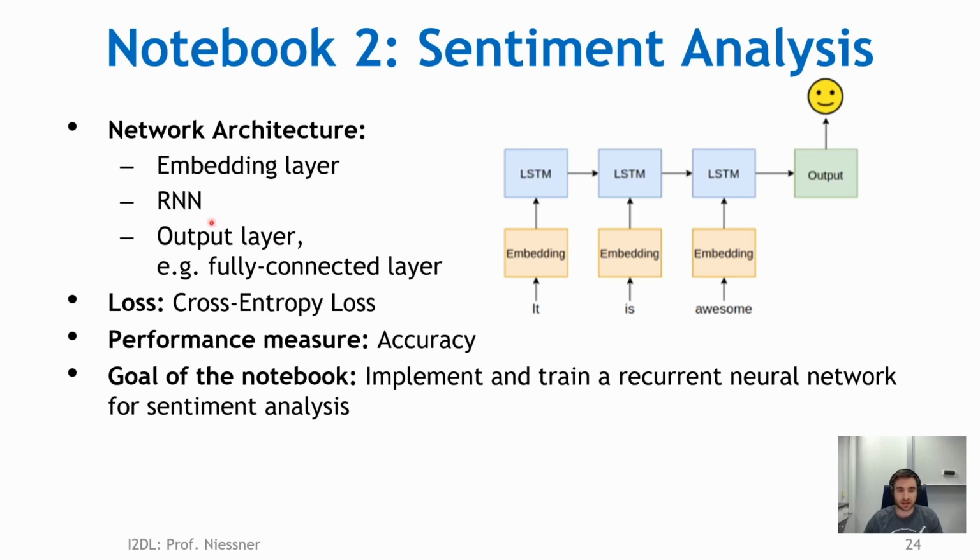Then finally, we have the final output layer, and we want to train this for classification of the sentiment of the review. The performance measure here is simply accuracy. To summarize, the goal of this notebook is that you implement and train such a recurrent neural network for the task of sentiment analysis.